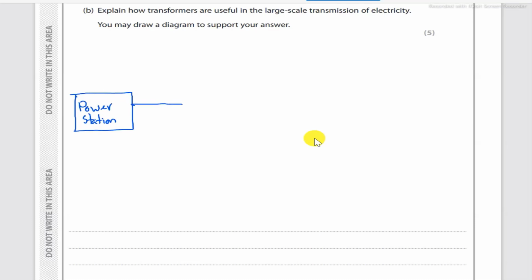In the power station, there's high current at low voltage.